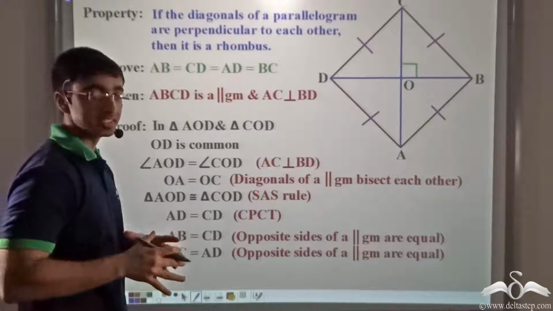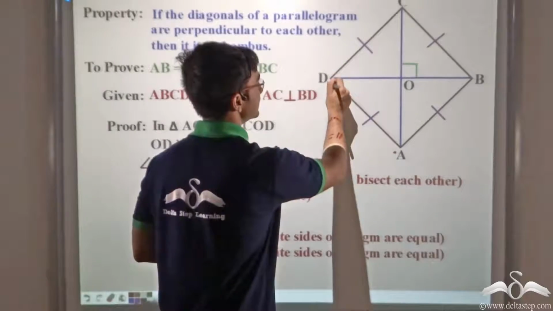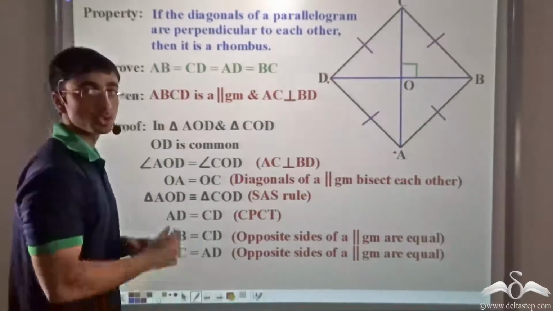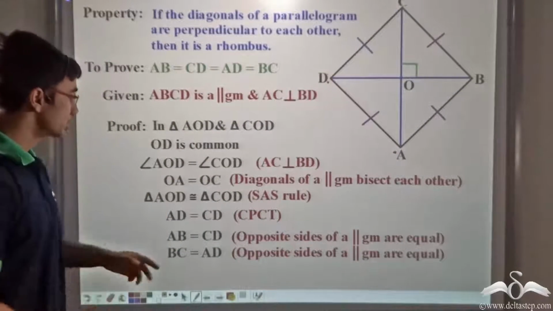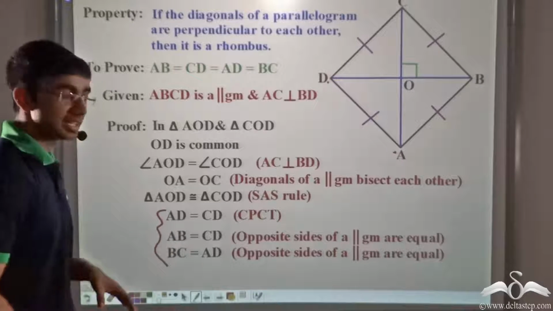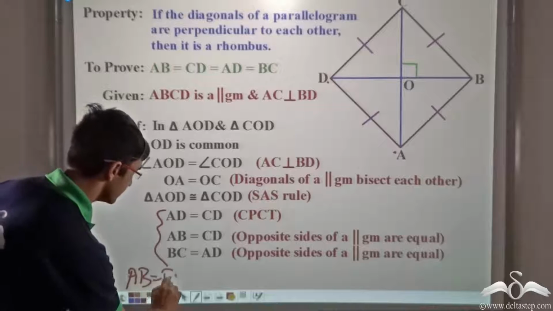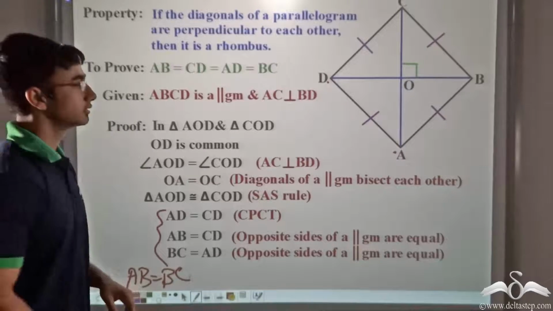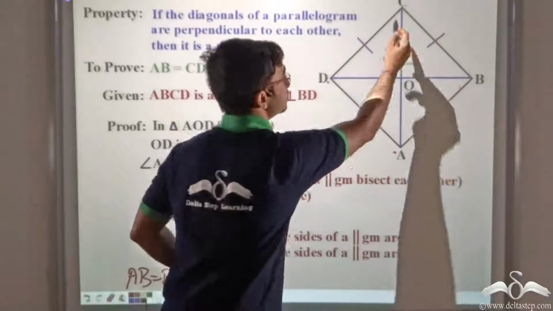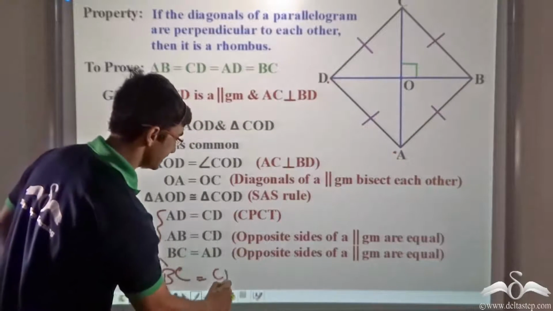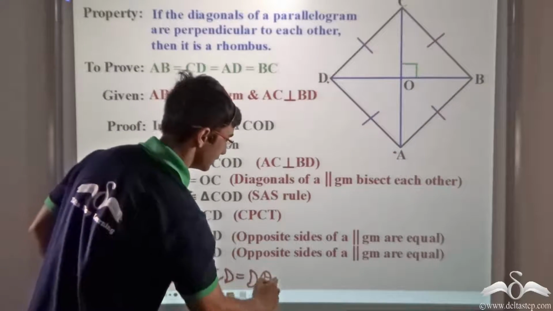And through congruency, I had proved that AD equals DC. So finally, what can I say? Using all these equations, I can finally write that AB is equal to BC. That is, AB is equal to BC equals CD equals DA.